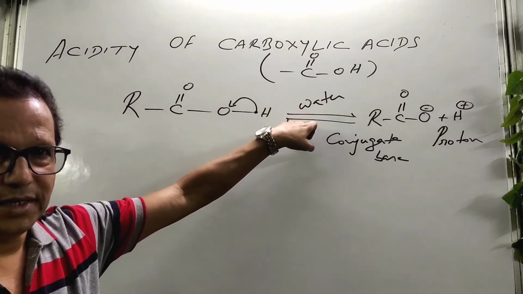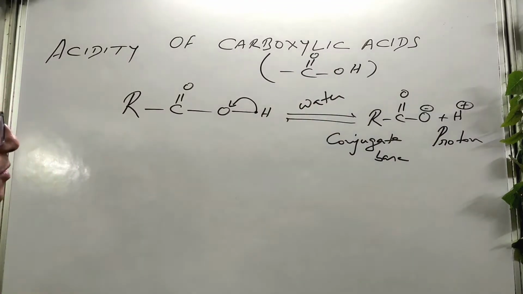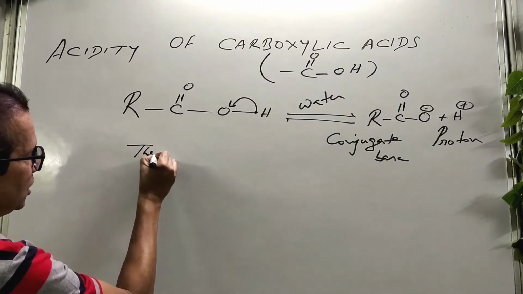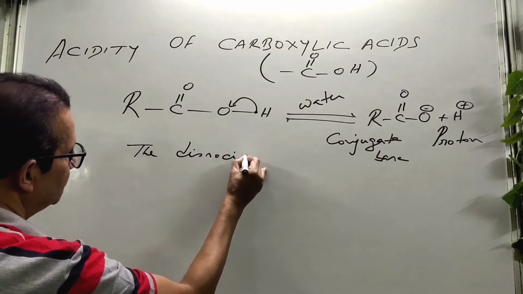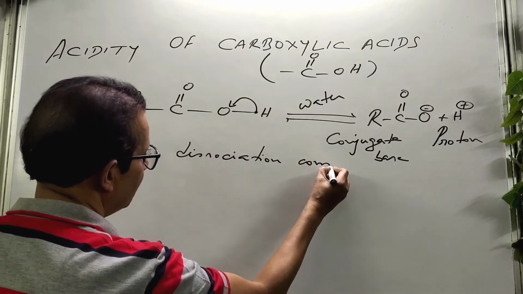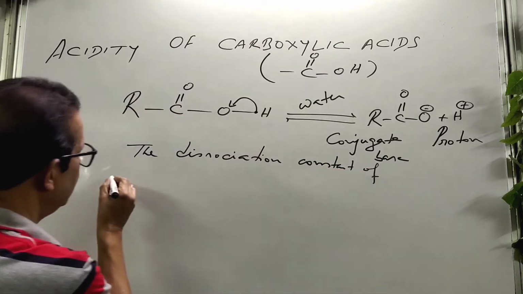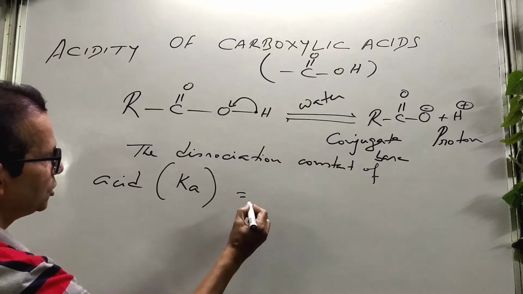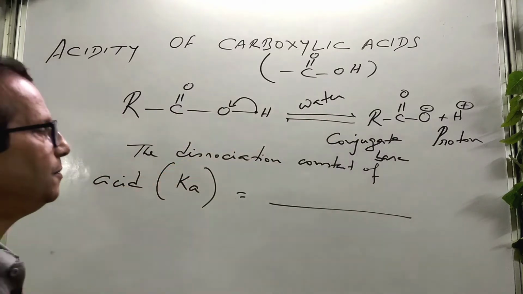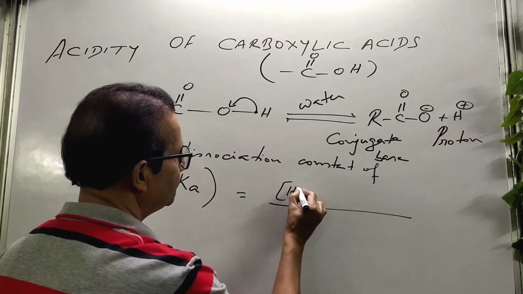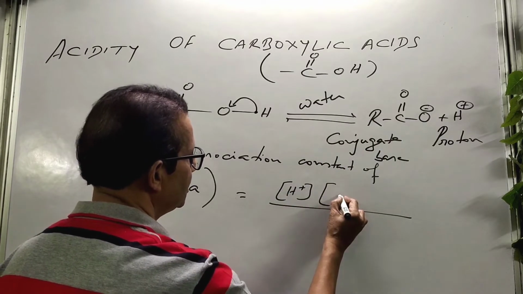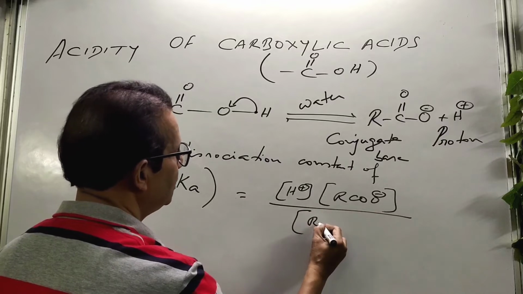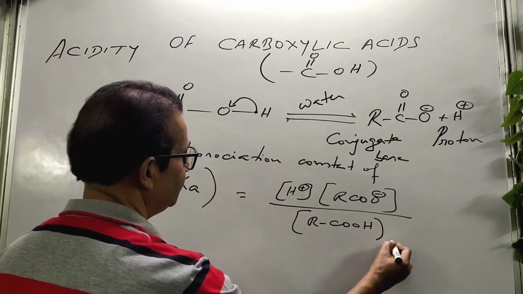As it is reversible in nature, whenever it reaches equilibrium, then listen, the dissociation constant of acid, that is denoted by Ka, equals, according to laws of equilibrium, the concentration of products over the concentration of reactants: COO negative, H positive, upon COOH.